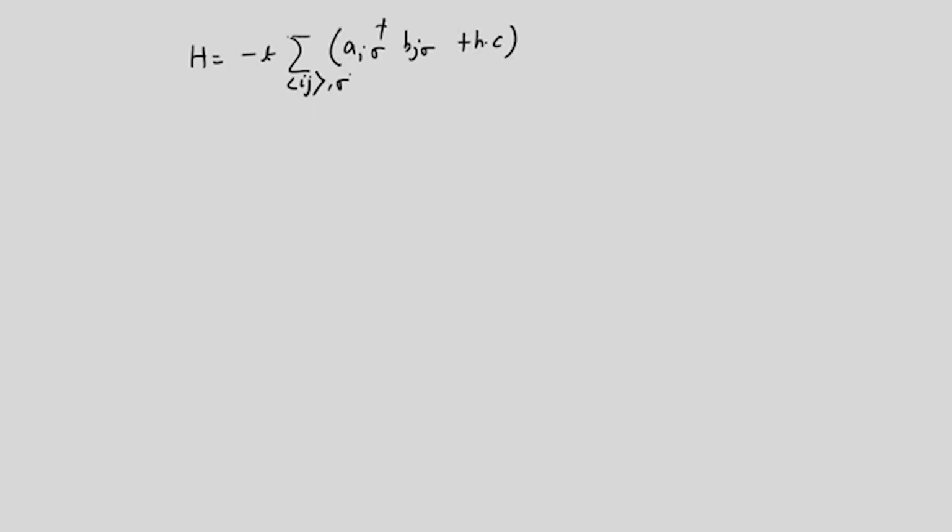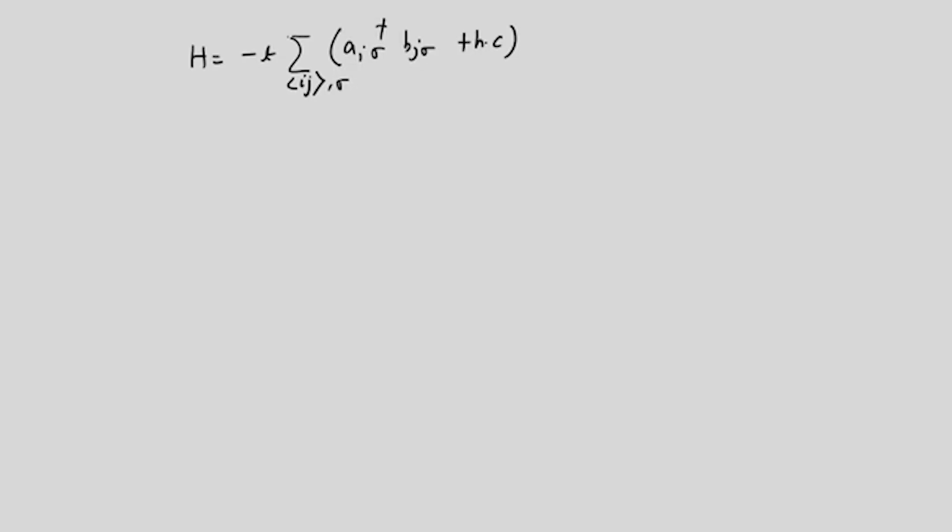I am using this second quantized notation where a_i sigma dagger creates an electron with spin sigma at the ith site, which belongs to the A sublattice, and b_j sigma destroys an electron with spin sigma at the jth site in the B sublattice. And just to make sure that these i and j are nearest neighbors, there is an angular bracket that is shown, and this sigma denotes the spin of the electrons.